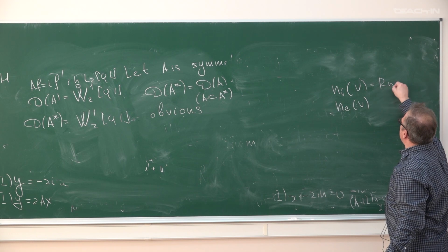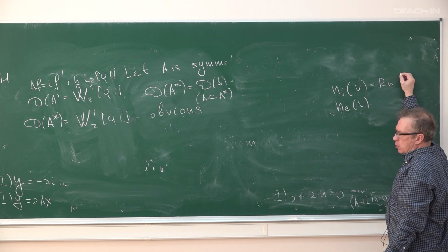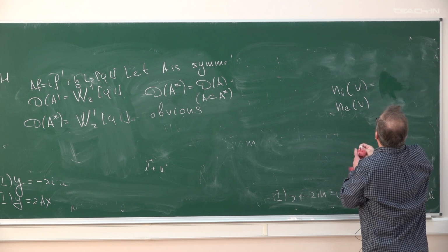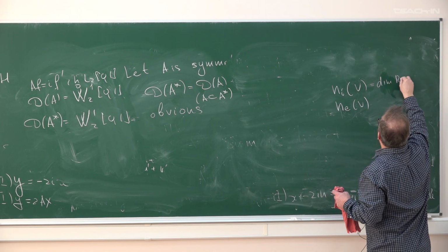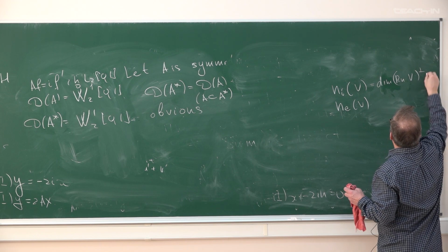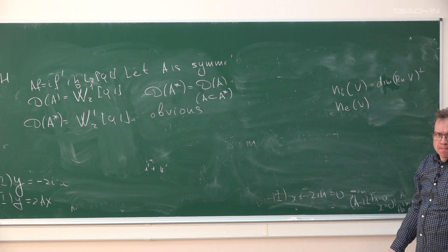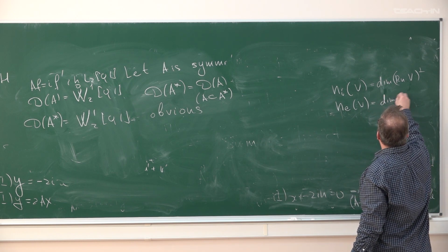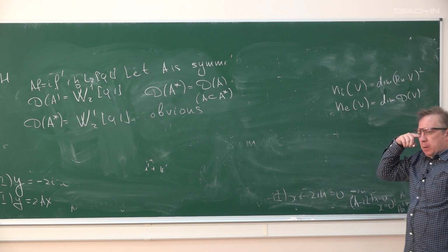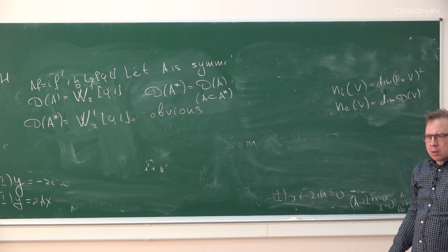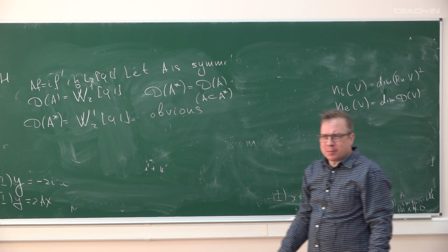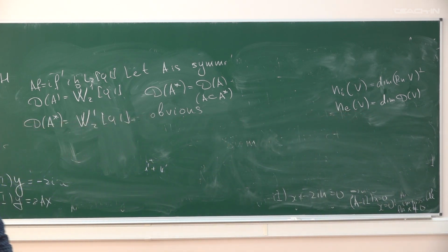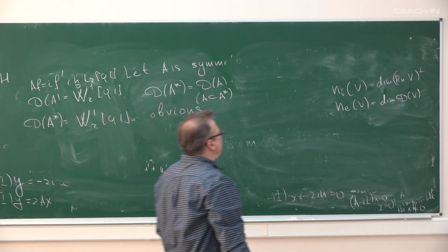The interior number coincides with the dimension of the orthogonal complement of the range, and this coincides with this orthogonal complement.